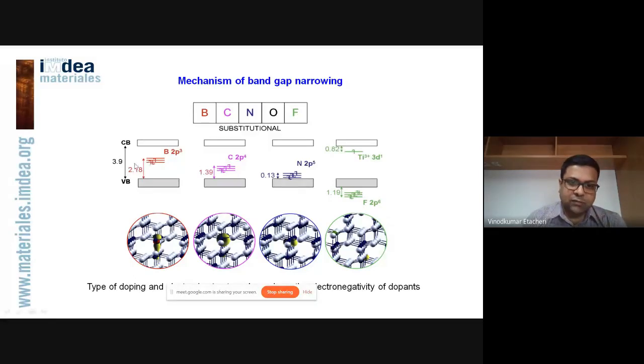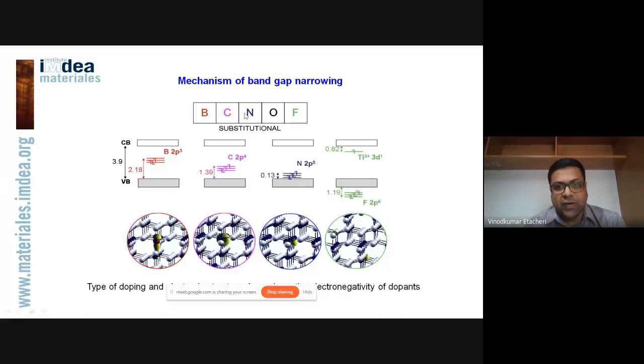If you check the band gap structure of these anion doped materials, you can see they are different. In case of boron doping, the electronic structure is totally different from fluorine doping, and this highly depends on electronegativity. For example, boron can never replace oxygen in TiO2, or carbon, it can never replace oxygen in TiO2.